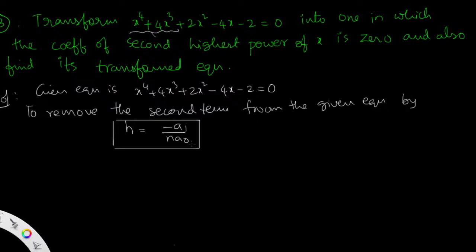So let us consider the given equation, comparing it with a naught plus a1x plus a2x square plus a3x cube plus a4 equal to 0. In any equation, the power can be increased or decreased, you can take it either way. The coefficient of a naught is only 1.